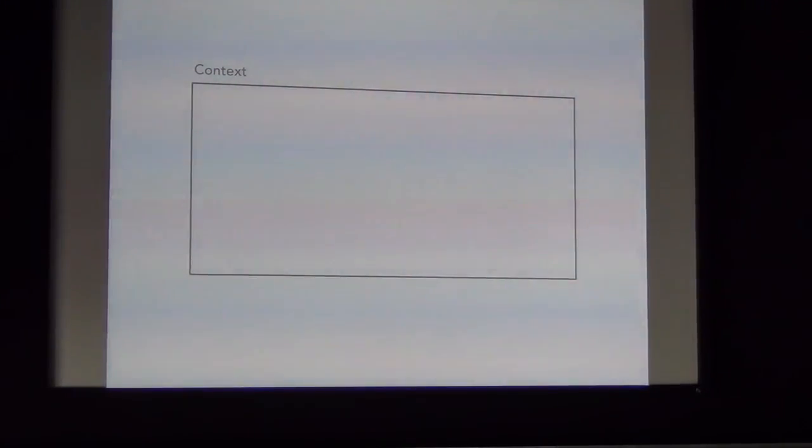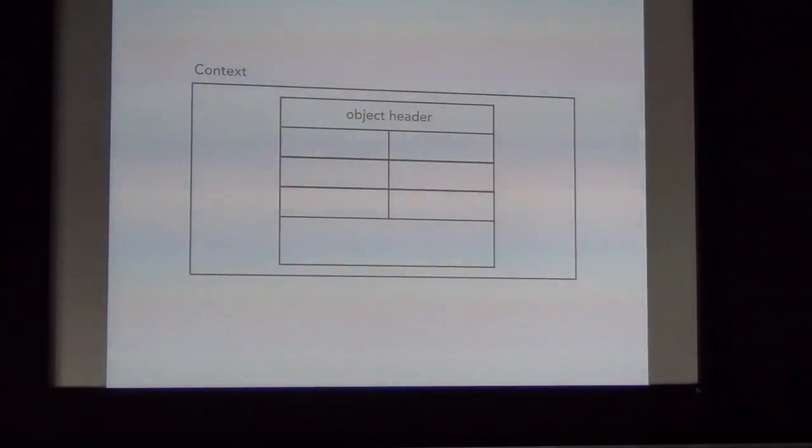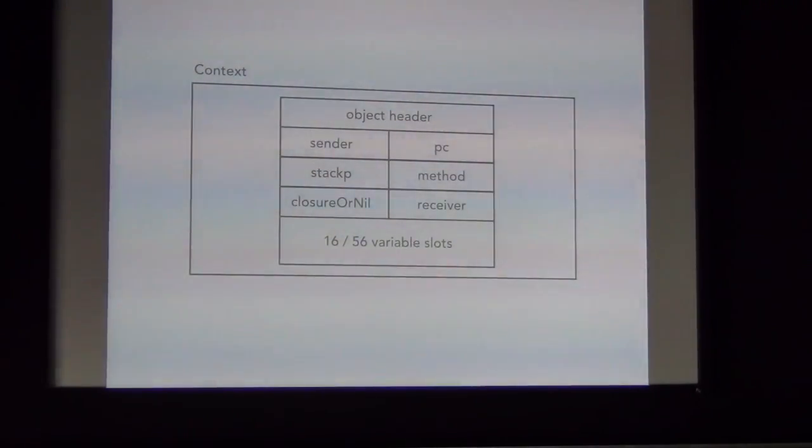And for contexts, this is also true. You have the object header, and then you have a number of instance variables, and you have either 16 or 56 variable slots. The variable slots represent a stack machine, so it's not really important what this does. You just need to understand that there are two kinds of contexts. So contexts come in exactly two sizes.